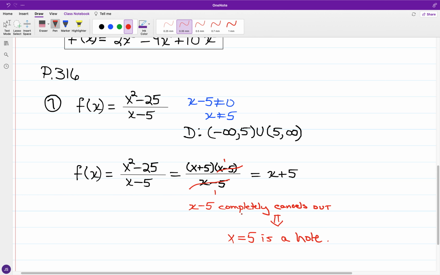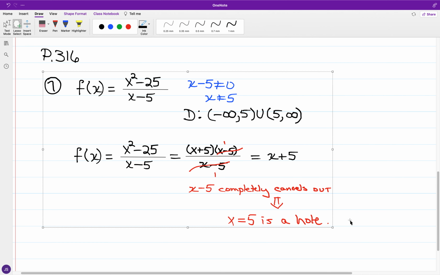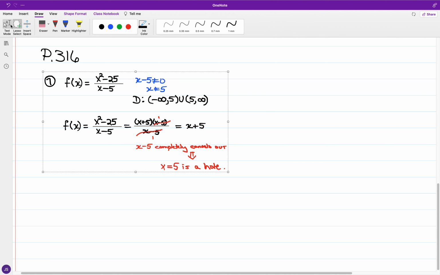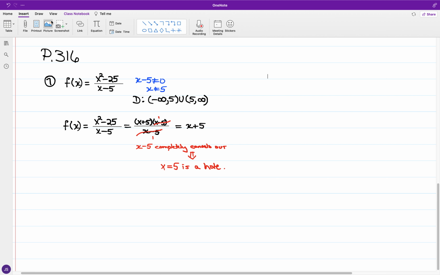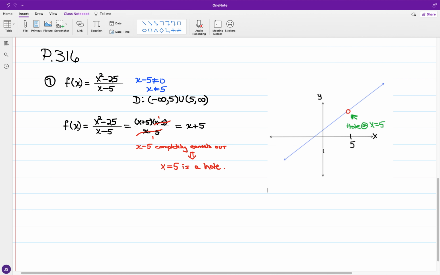So in this case, we're not going to have a vertical asymptote, and I'm just providing a visual on this one. And this is what the graph is going to look like.